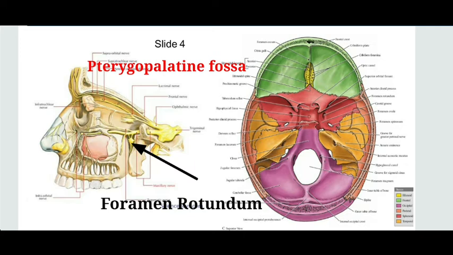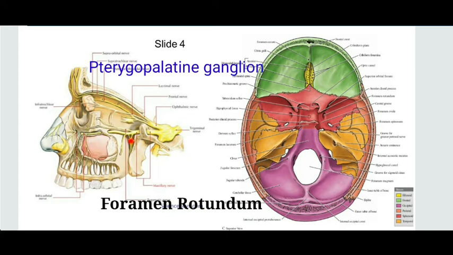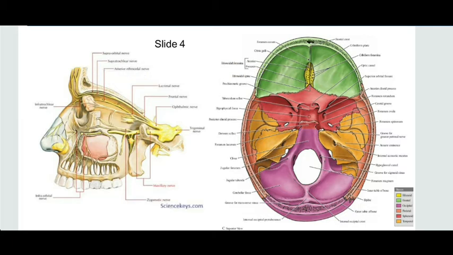This pterygopalatine fossa contains the pterygopalatine ganglia. The foramen rotundum transmits the maxillary nerve, which is one of the three terminal branches of trigeminal nerve.